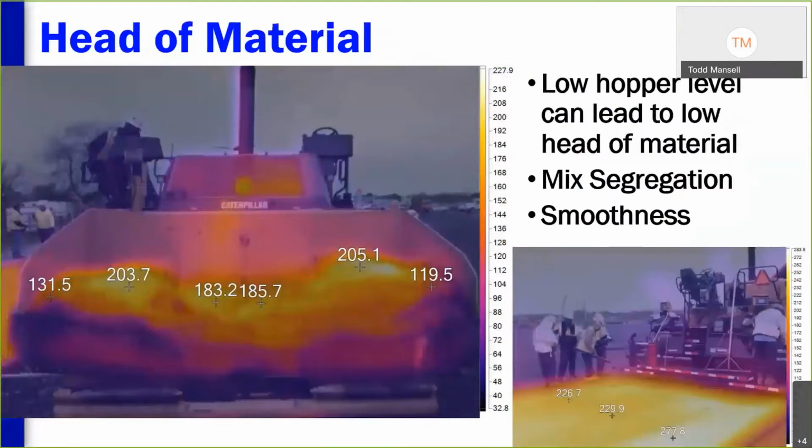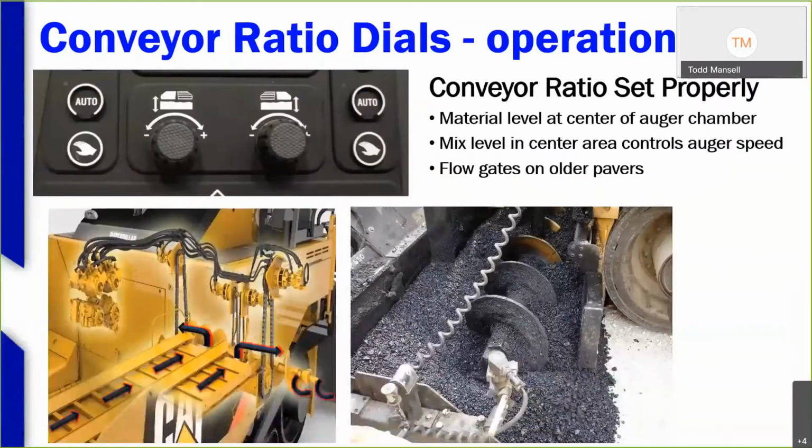This image is just showing different temperatures in the hopper itself, especially when we run that hopper low. Those cold areas and hot areas in that hopper are going to show up in the mat behind the paver if we don't manage that material in the hopper, and hold the wings and all that properly.